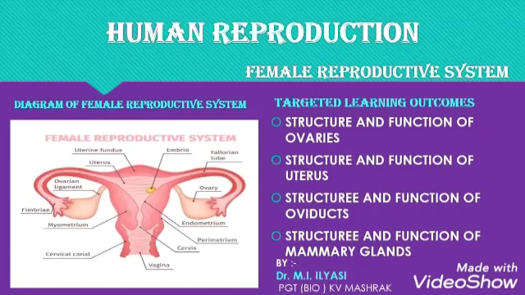But first we will discuss the parts of the female reproductive system. A pair of ovaries, pair of oviducts, uterus, cervix, vagina, external genitalia and mammary glands.